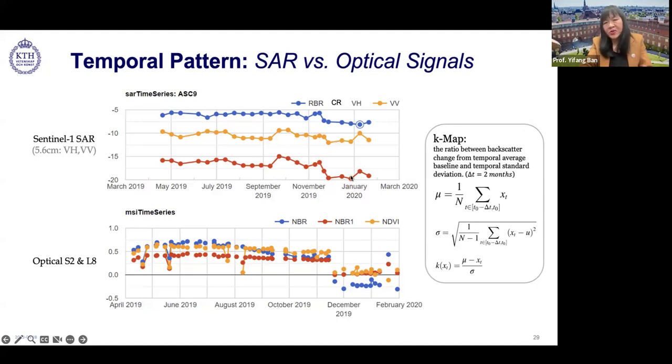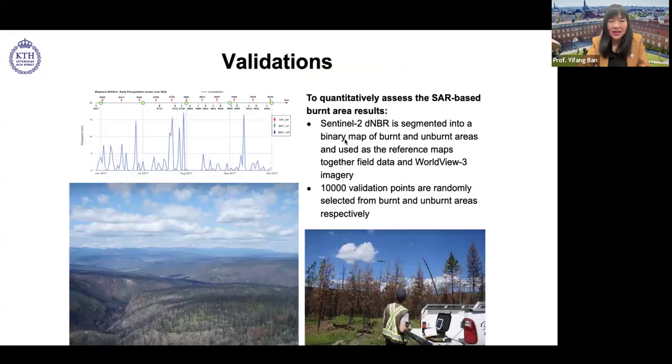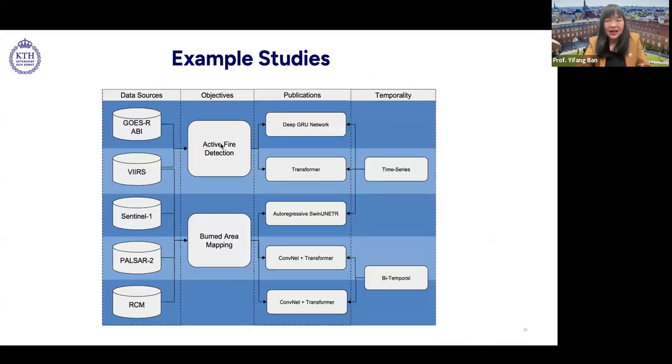So co-pol seems to perform better than cross-pol. But this is not always the case, also depending on different environmental conditions. So we have conducted field work and we combined information with meteorological information and tried to better understand backscatter interactions with the burned areas and burn severity.